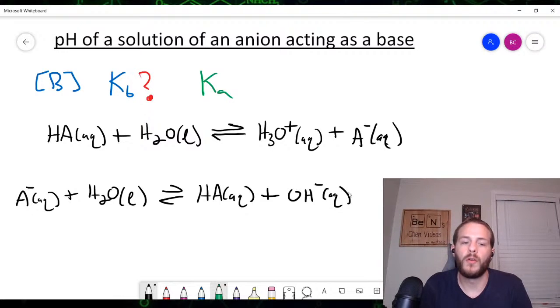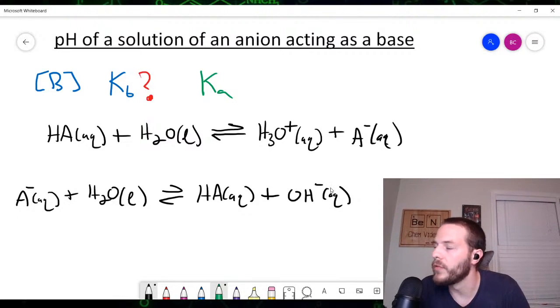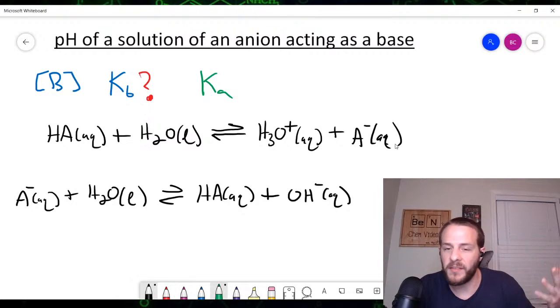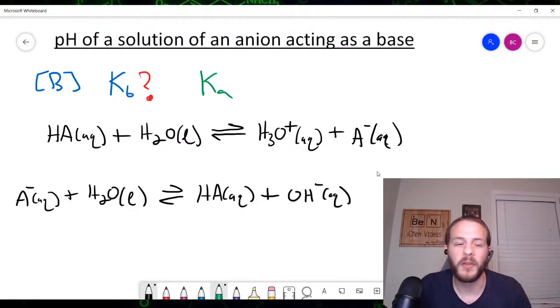So these two equations describe what's happening where you have a weak acid reacting to form its conjugate base, and then that anion acting as a base.